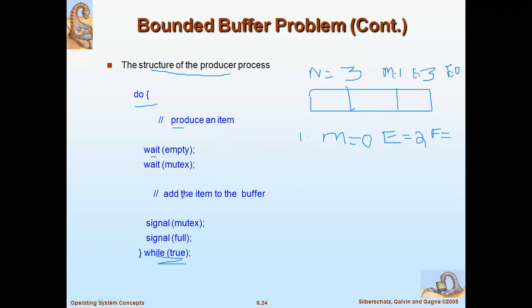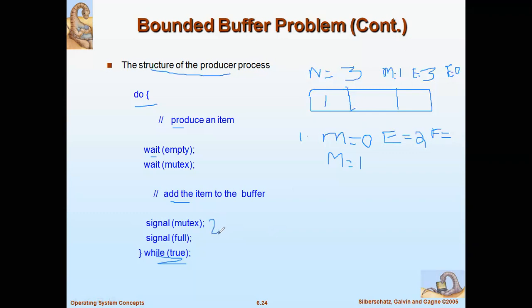Now, what happens next? This item 1 is added into the buffer. After it has been added to the buffer, you have to use two signal operations. One is signal on mutex: after it is done with its job, mutex should be reset to 1. The other is signal on full, which should be incremented.